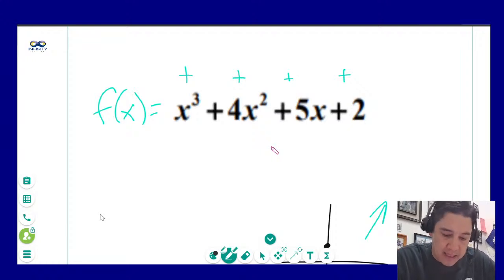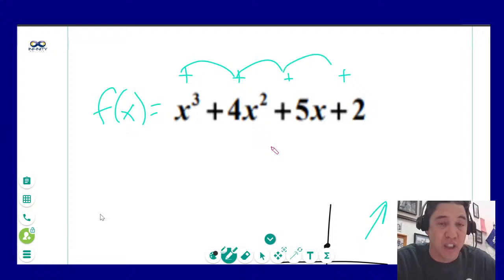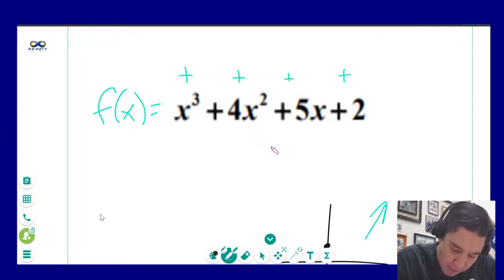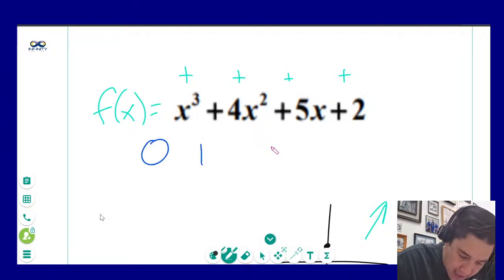How many times does a sign change? Well, positive to positive is not a sign change. Positive to positive is not a sign change. And positive to positive is not a sign change. That means there is 0 sign changes. Therefore, there are no or 0 positive real roots.